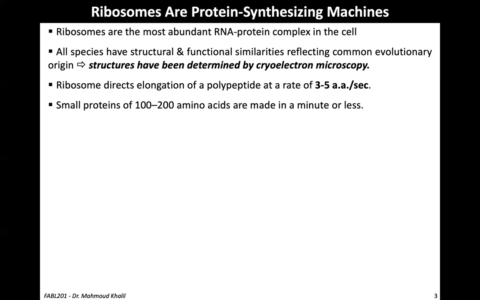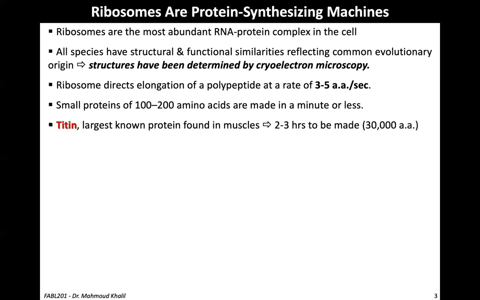Small proteins, which are a maximum of 200 amino acids, can be made in a minute or less, while large proteins, one example being titin, can be made in 2 to 3 hours. It consists of around 30,000 amino acids.